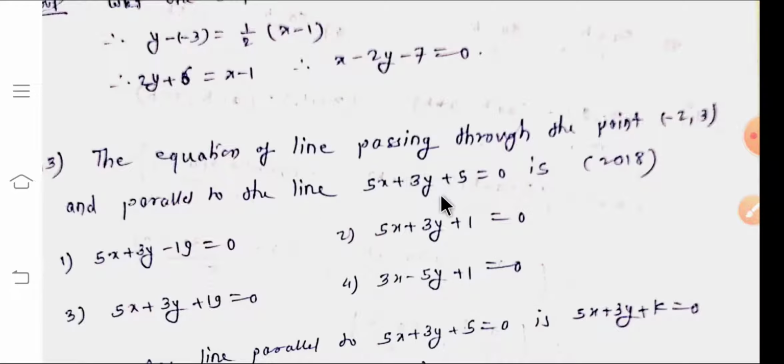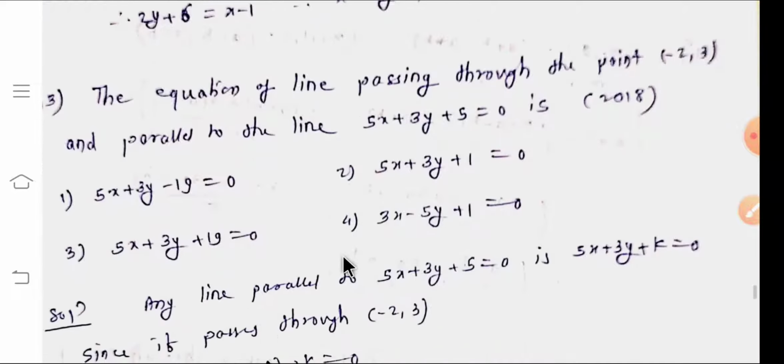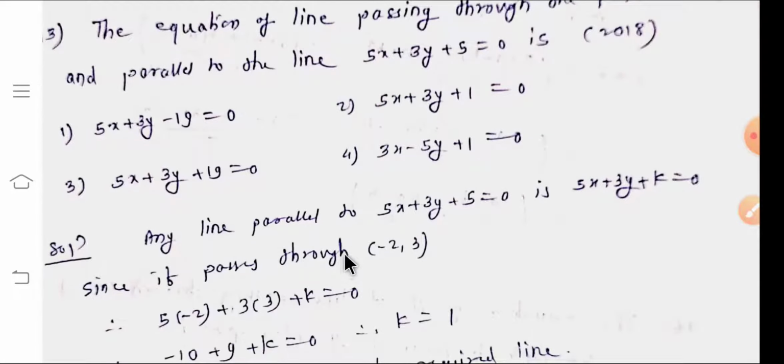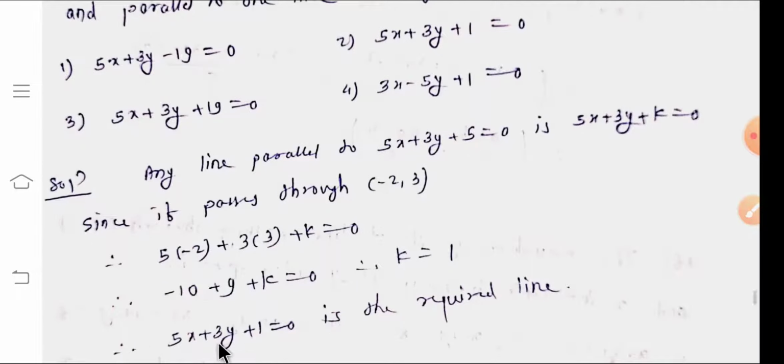We have to check where the 5x plus 3y is. Parallel means the same terms, 5x plus 3y. In the first, second and third options, we put x equals minus 2 and y equals 3. By the inspection method we get the solution: the second option is the right option, 5x plus 3y plus 1 equals 0 is the required equation.